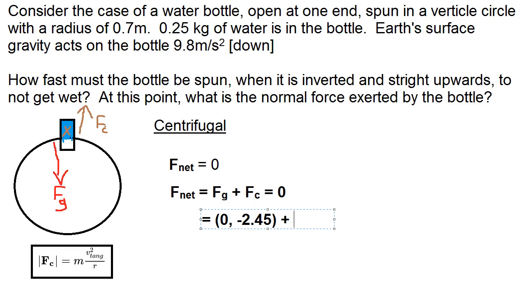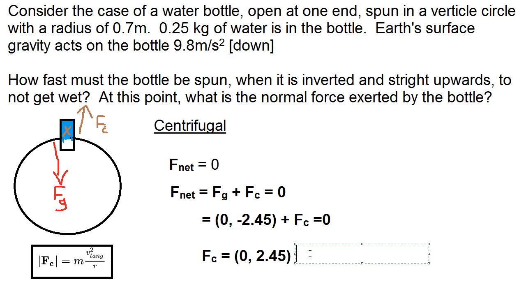When this is added to the centrifugal force, this must equal 0, and this tells us that the centrifugal force must be upwards, which we identified from our diagram, and must have a strength of 2.45 newtons. All right, so what you'll notice here is in the centrifugal picture, we've actually just added in an extra force due to how quickly we are spinning.